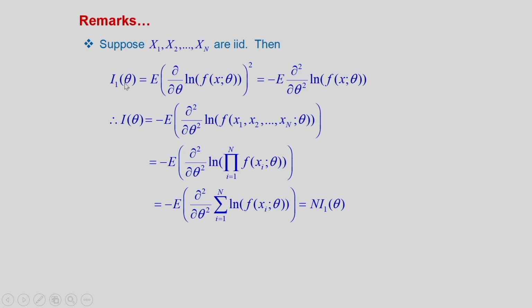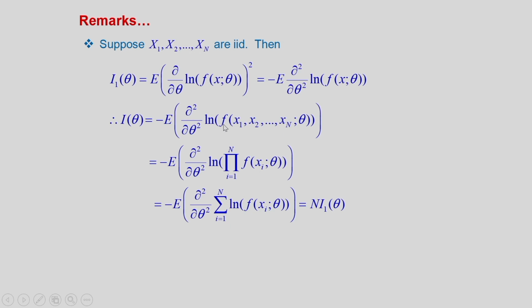So, that we have already established this. Therefore, if there is only one variable here, I1(theta), I can write like this. Now, I(theta) is, that is we have to take the del 2 del theta square of the log likelihood function of n random variables.